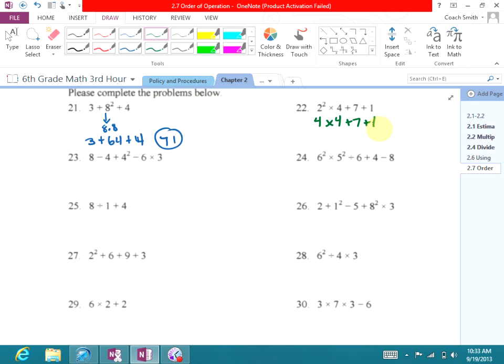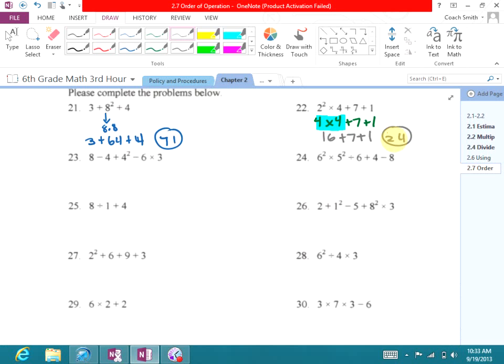Okay, multiply 4 times 4. So I do 4 times 4 next, which is 16, plus 7, plus 1. 24.